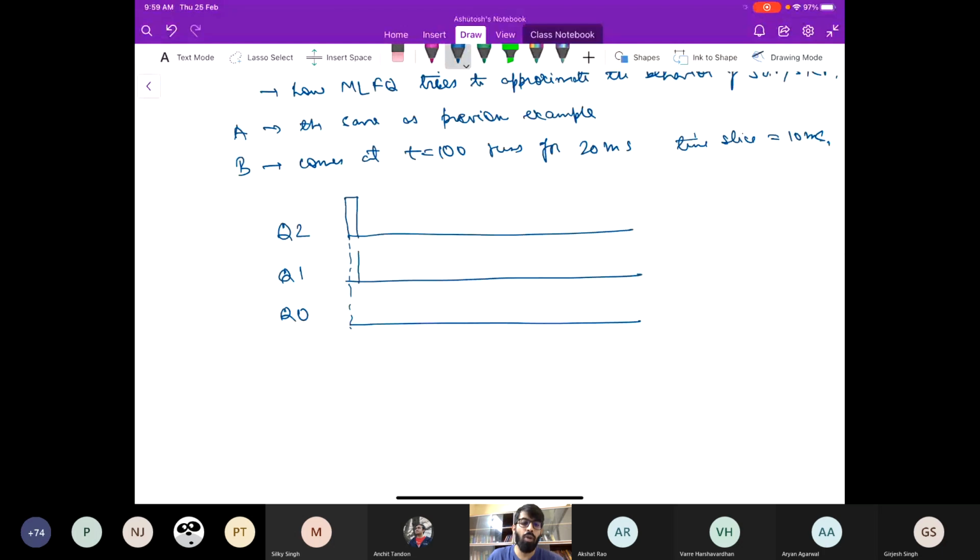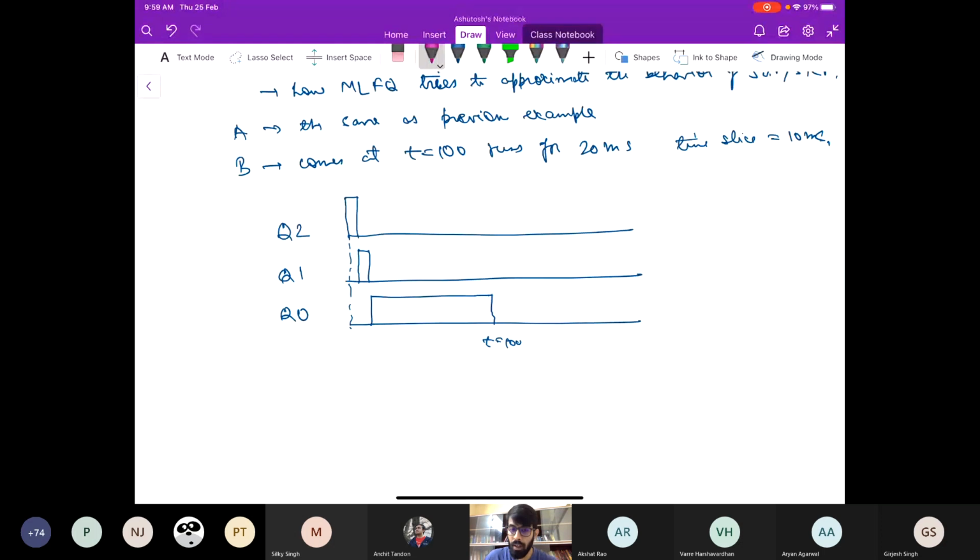Till now B has not arrived, so it is going to be exactly as the first example. And then here it runs and goes till T is equal to 100. Now B comes. And B will be put in the topmost queue because of rule 3. If a job enters the system, it is placed at the topmost queue.